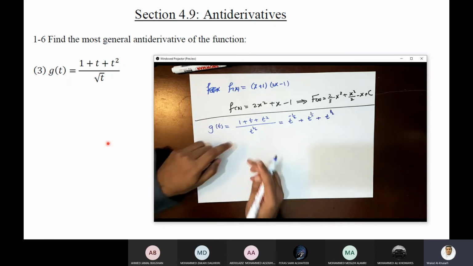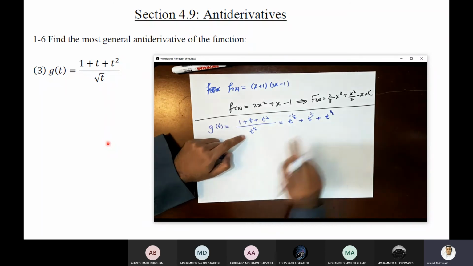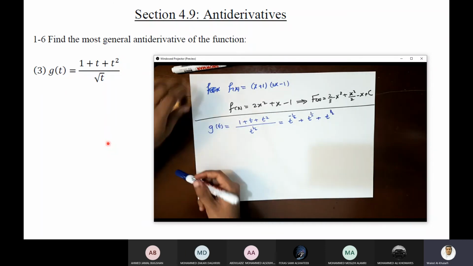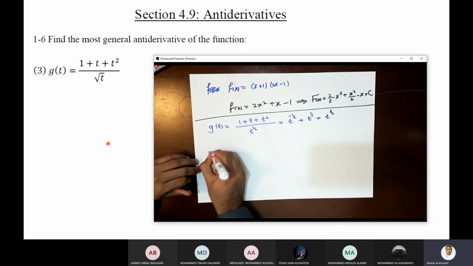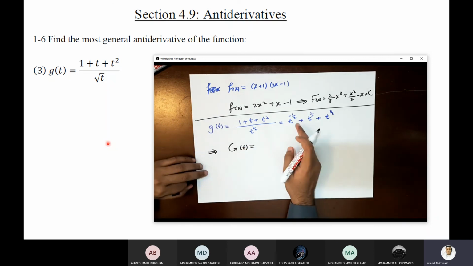Some of you say no, I bring it up and it becomes t to the power negative half and multiply by each term. The same thing. Okay, the same thing. Now this implies that the antiderivative capital G of t, which is equal to, now you do the same idea. You have the variable t raised to a power number. So we're going to say what, guys?